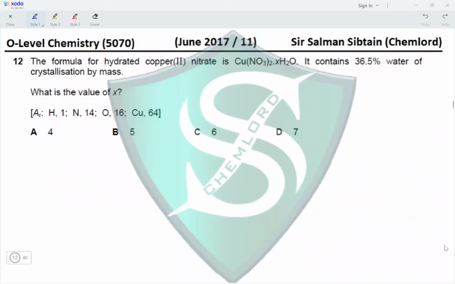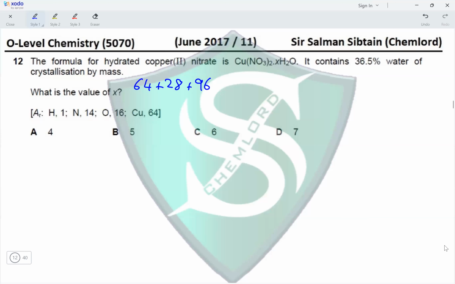Question 12. The formula for hydrated copper nitrate is given. It contains 36.5% water of crystallization by mass. So the MR of copper nitrate would be 64 plus 28 plus 96.